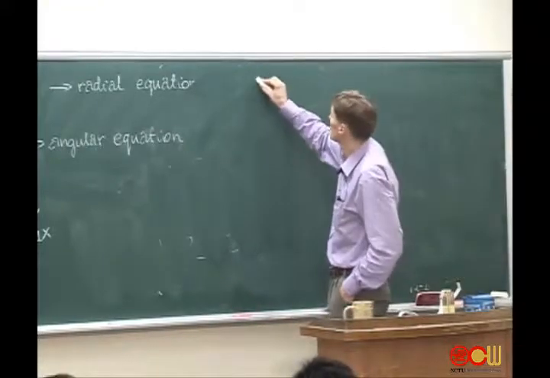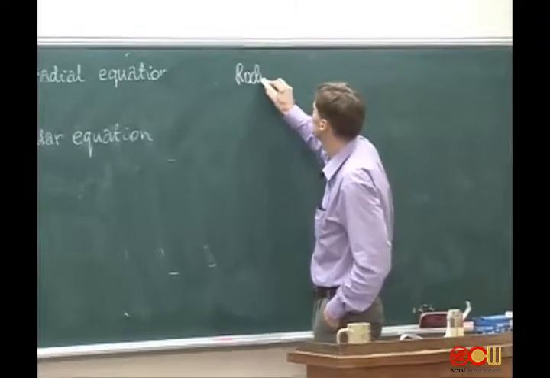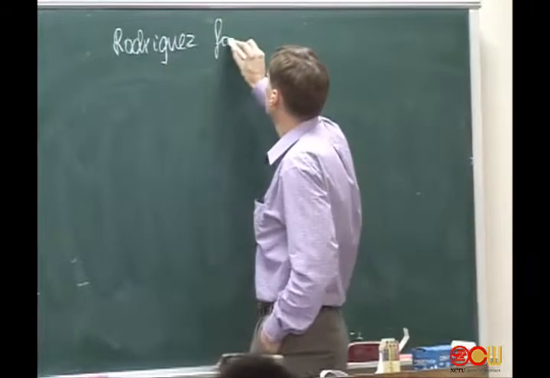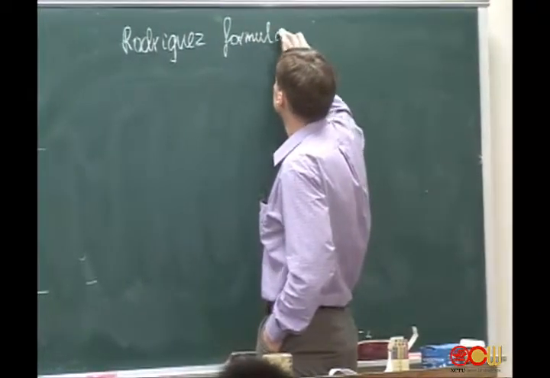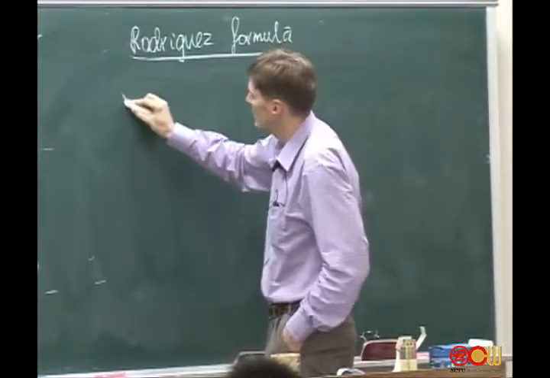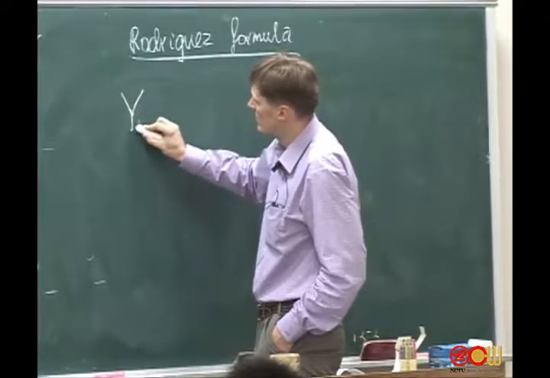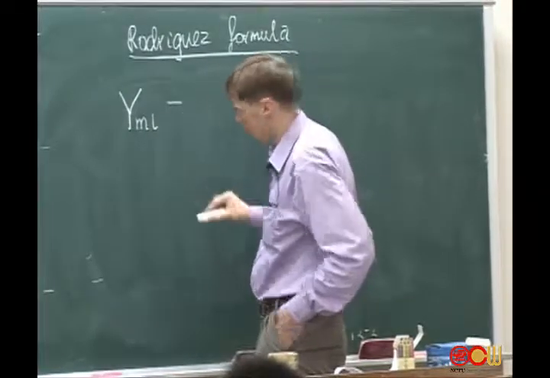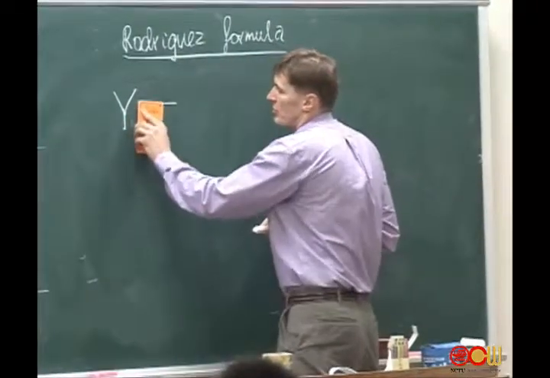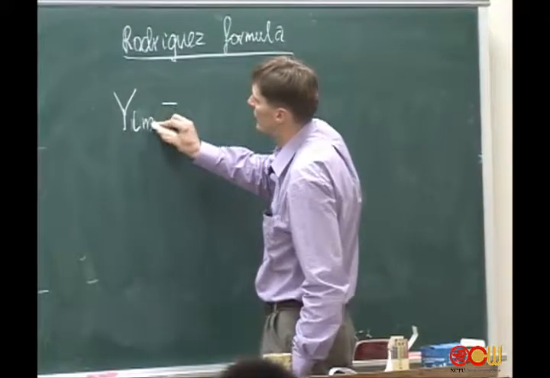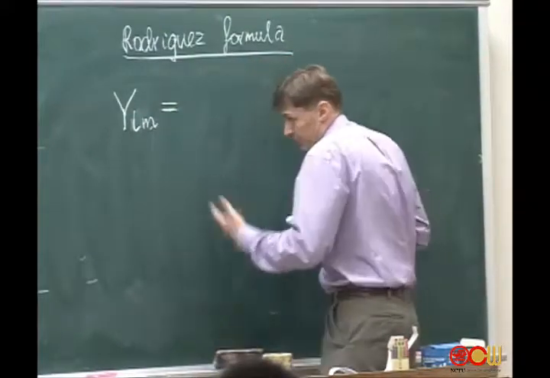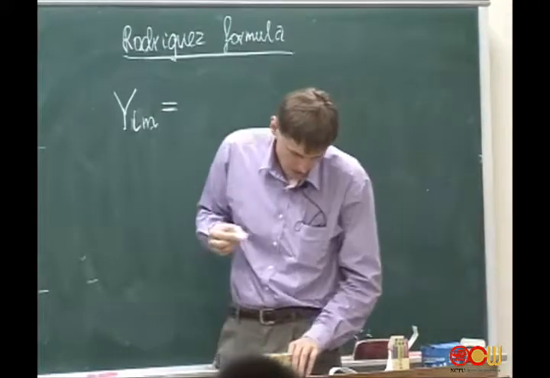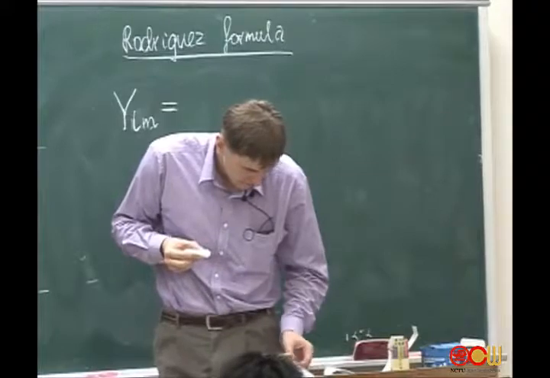In this case, we have something called the Rodrigues formula. The spherical harmonics described by l m, usually written in this order, it doesn't matter, is given as follows. Don't expect me to remember this.